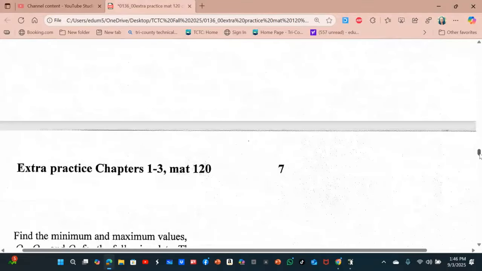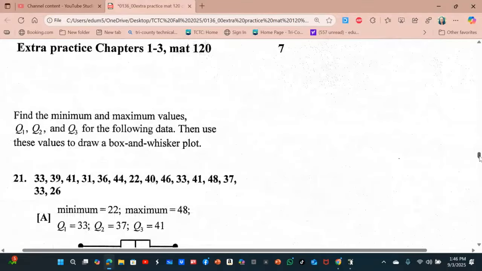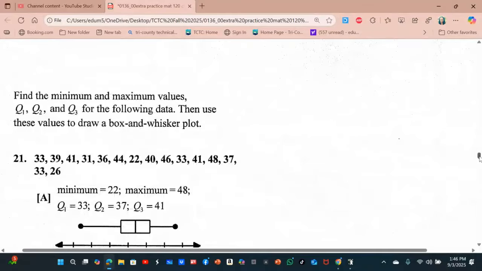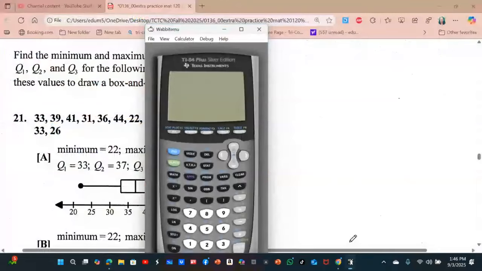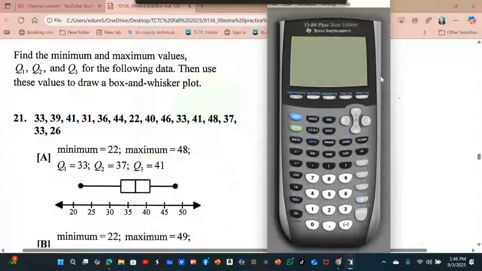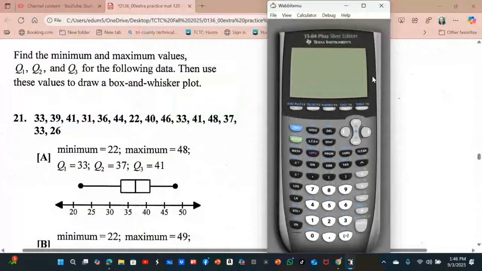Let's go to one more question about finding the minimum and maximum values, Q1, Q2, Q3 for the following data, then use these values to draw a box and whisker plot.